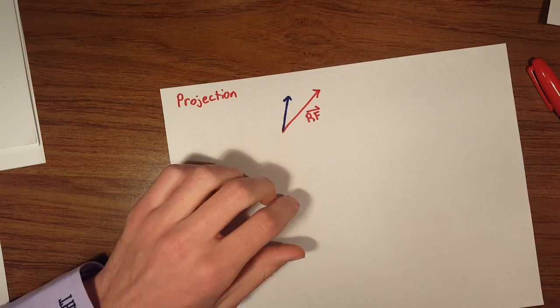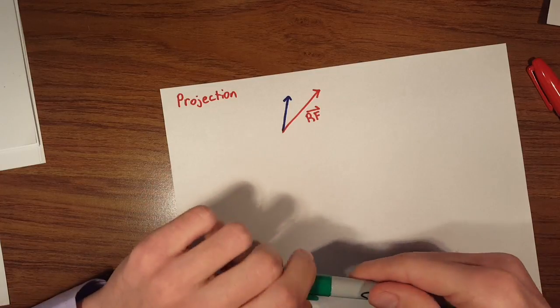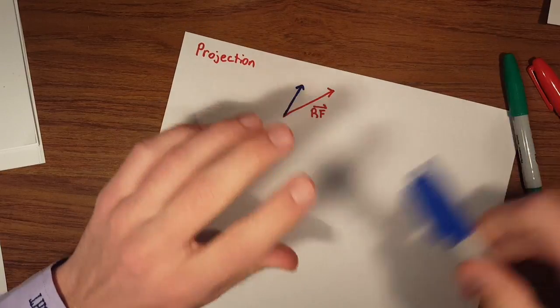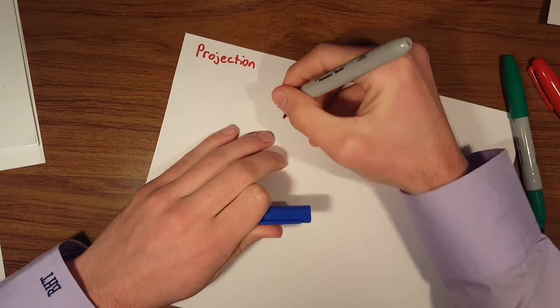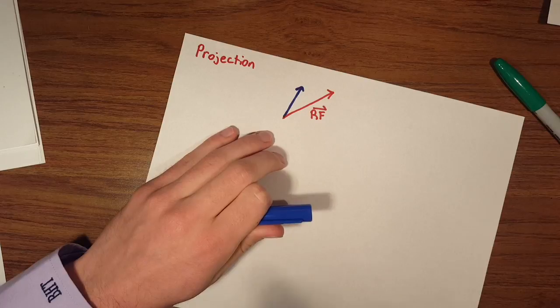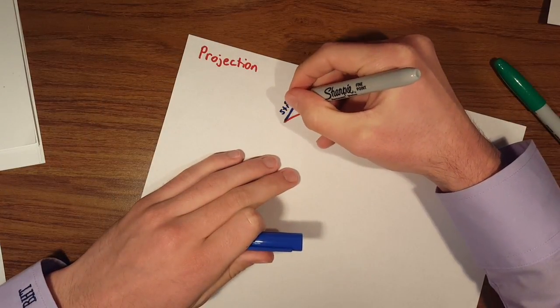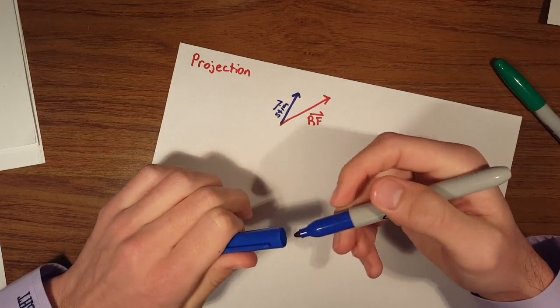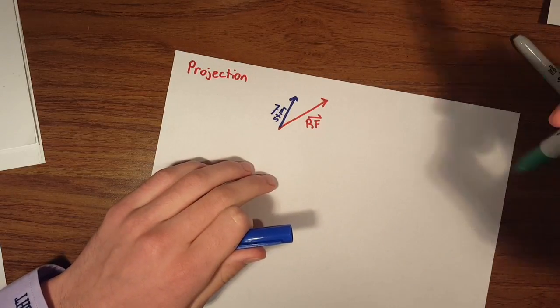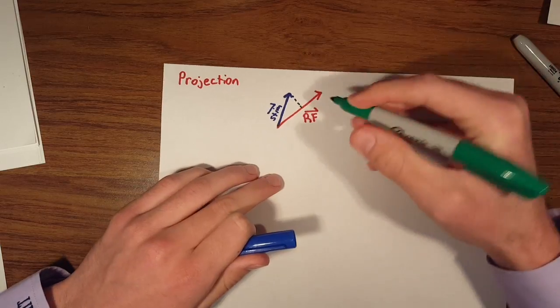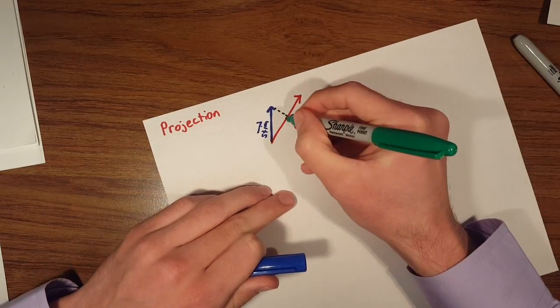A lot of models for neurons rely on computing the projection of the data, or stimulus, so I'm going to call this computing this projection, and what I mean by that is how much is the stimulus like the receptive field.